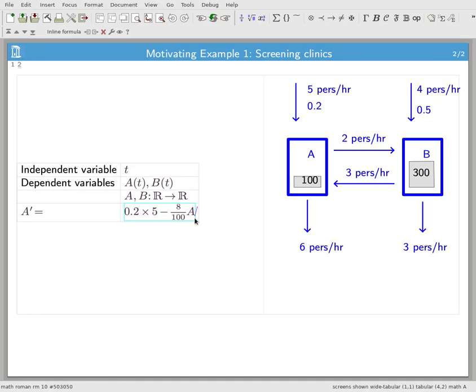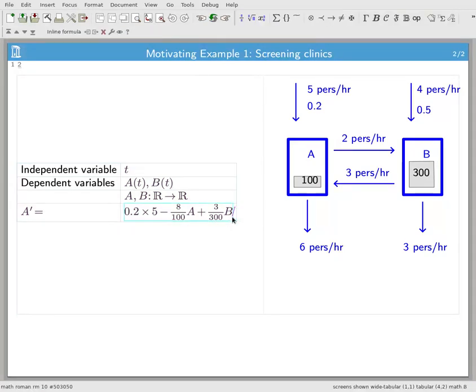Similarly, we are going to have an inflow into clinic A of infected individuals from clinic B, and the percentage of the people that are in clinic B that are infected is going to be B over 300. There are 3 persons coming in, so we're going to have 3 over 300 times B as the incoming infected population.